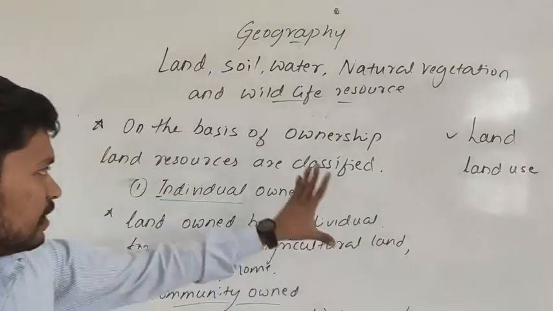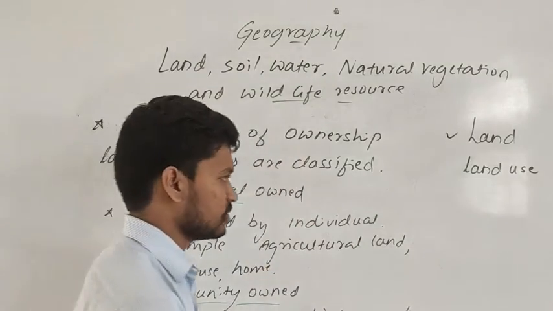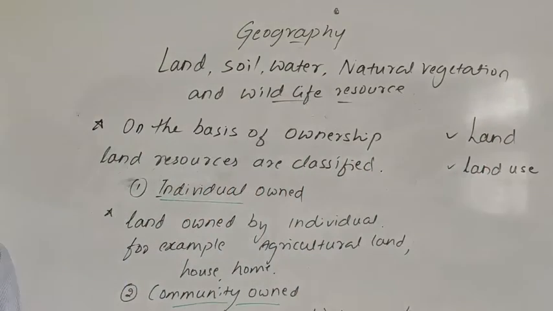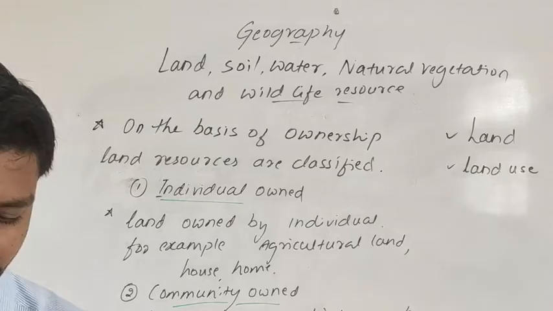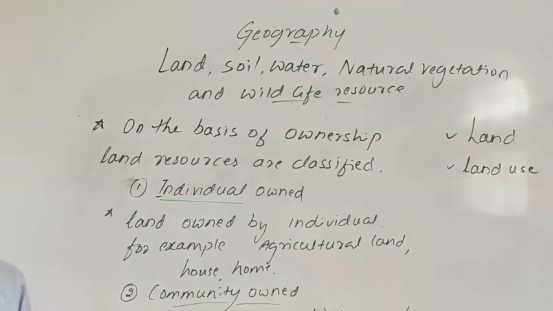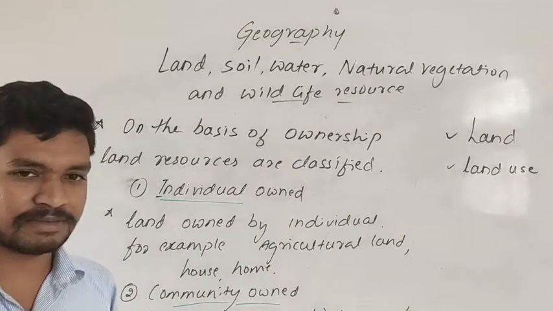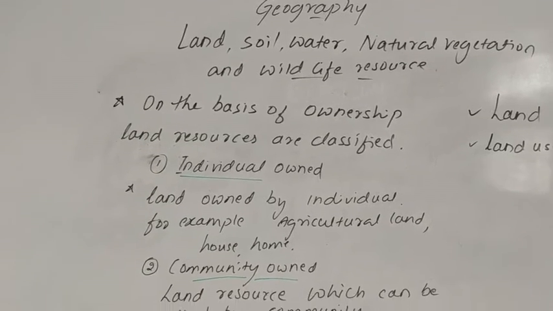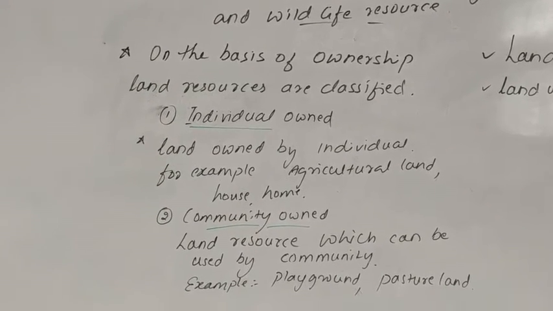So it's about this land use. Now the land use concept, we have discussed. We'll go for the next concept. Before that, write this concept. Make it fast. Write these concepts.